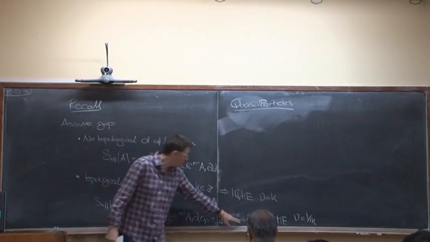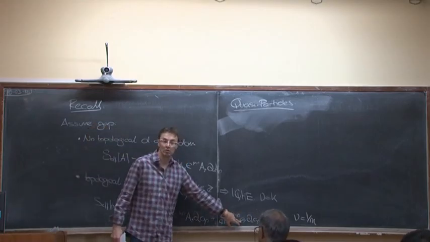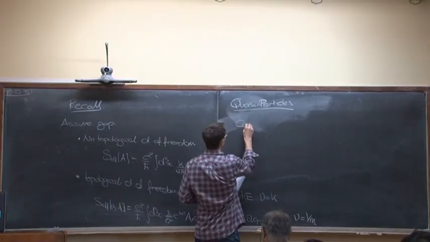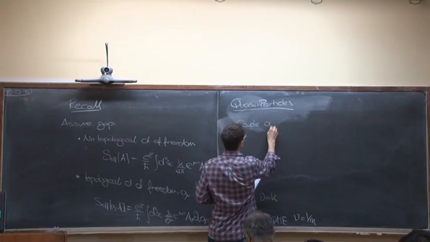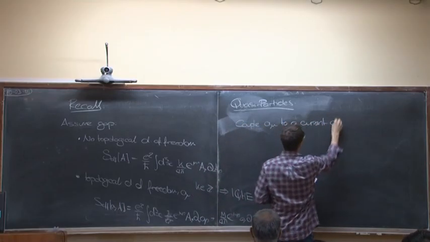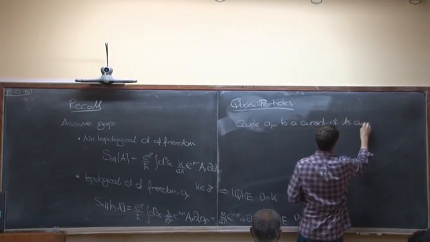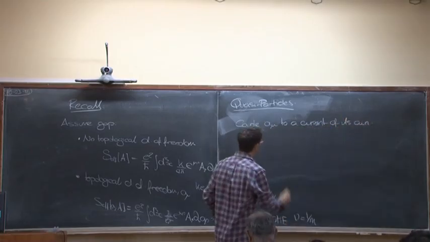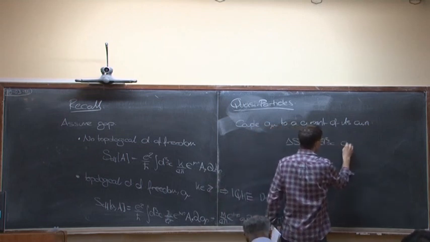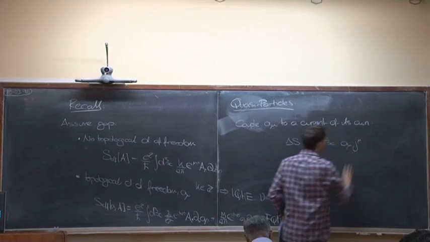So we could ask, what are the objects that are charged under the loop? So we'll couple little a mu to a current of its own, which means that we'll add to the action below this.